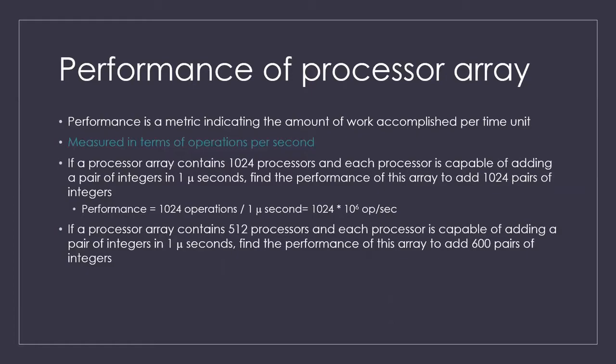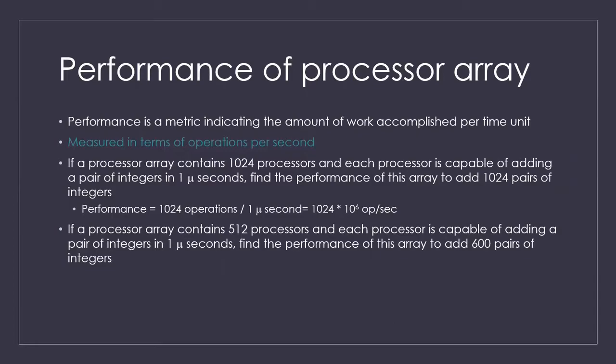Assume an array of 1024 processors, each one capable of adding a pair of integers in just 1 microsecond. The performance of this array for adding 1024 pairs can be measured by the number of operations divided by the time taken for each operation.